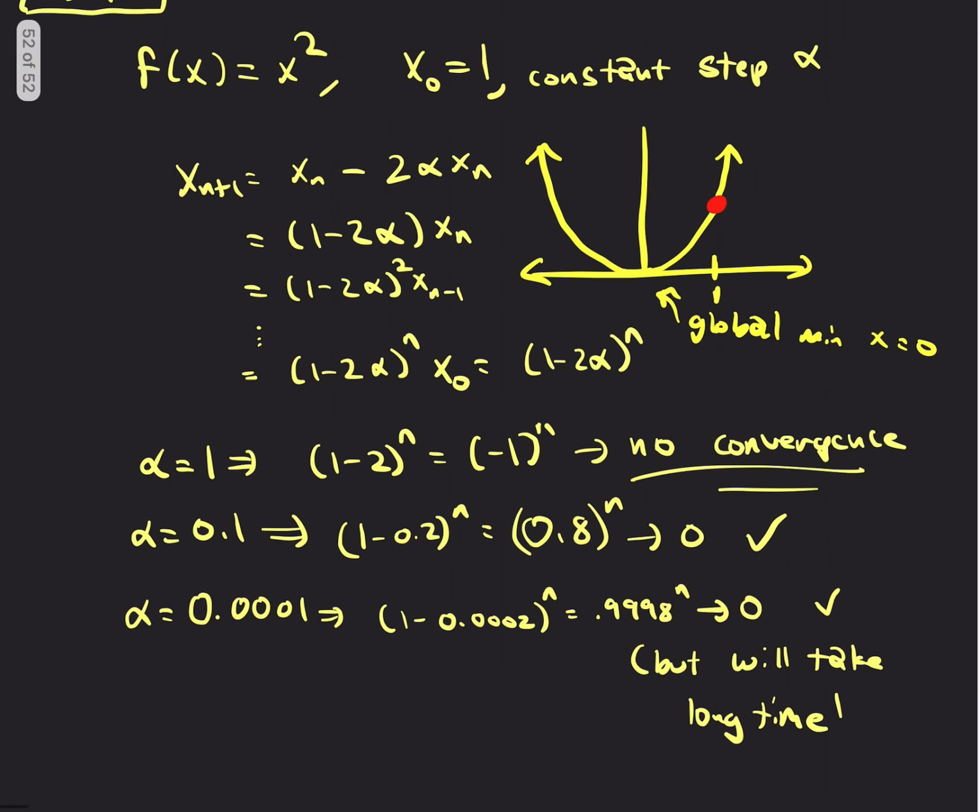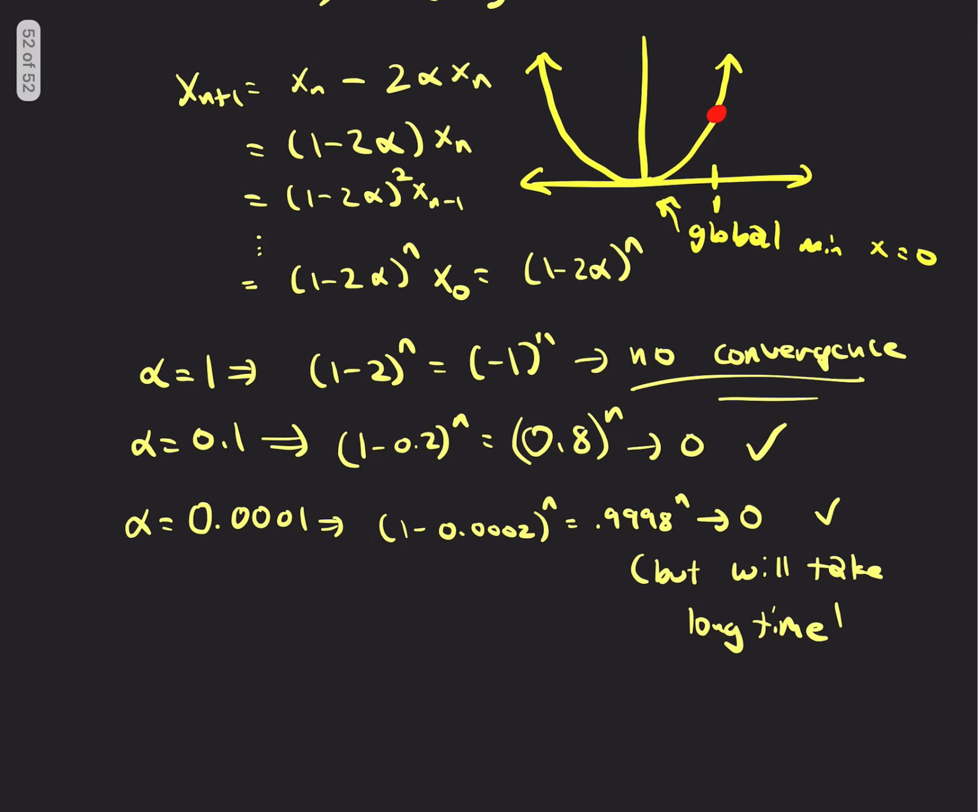In contrast, if I take alpha equals 0.1, I'm going to see, again, positive slope on this tangent, so I'm going to move in the negative direction, and I'm going to build the sequence. I move a little bit here, and then again, I see positive slope, so I move in the negative direction, and I continuously descend. In this case, I'm actually going to hit the global min. Why?